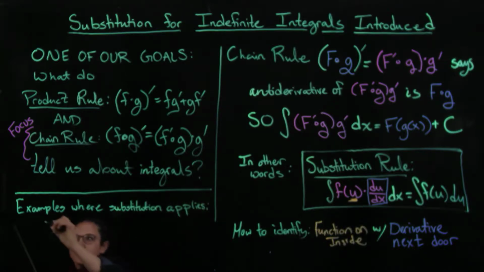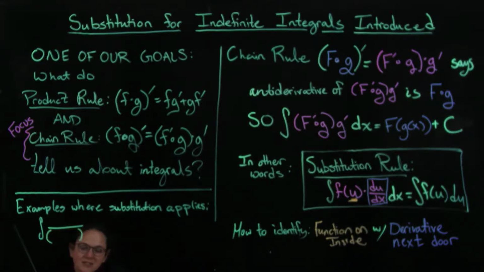Okay, so if I want to have the integral of, here's almost a hidden way that this can look. I have a function on the inside. I'm going to put this in parentheses so you can see.